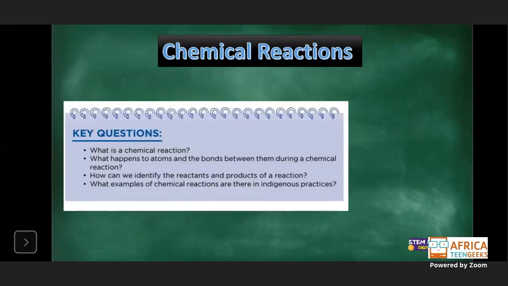What do we mean when we say that a chemical reaction is taking place, or what does the word chemical reaction refer to? Please do use the group chat to send through your answers, or alternatively, raise your hand.